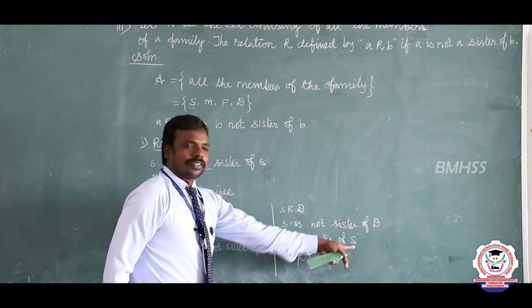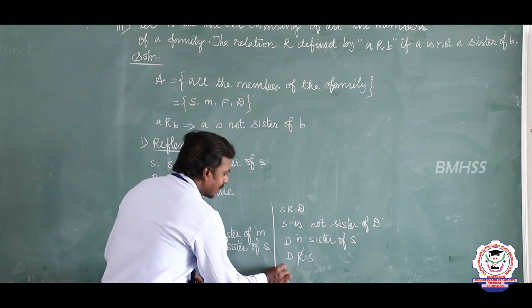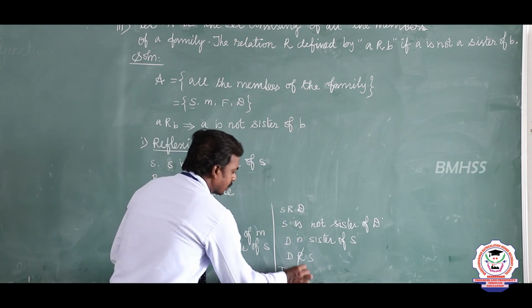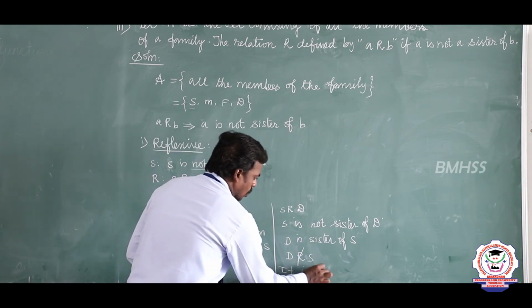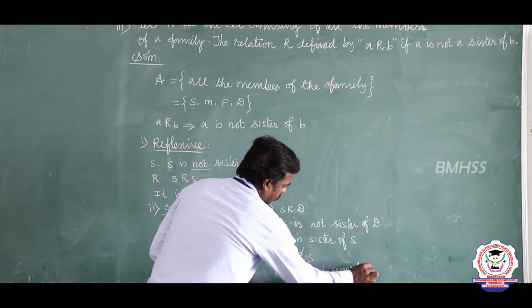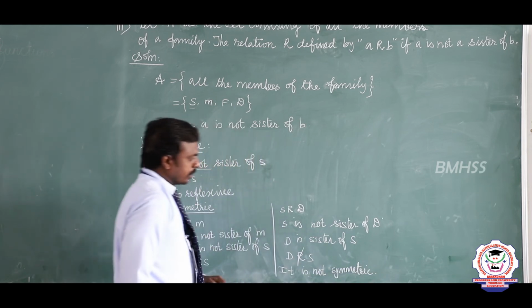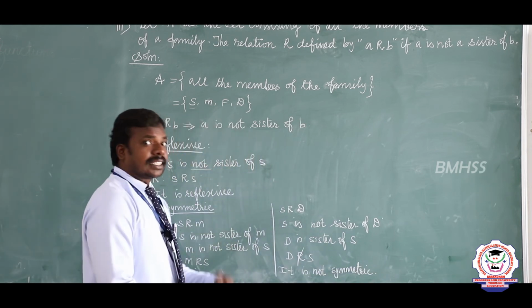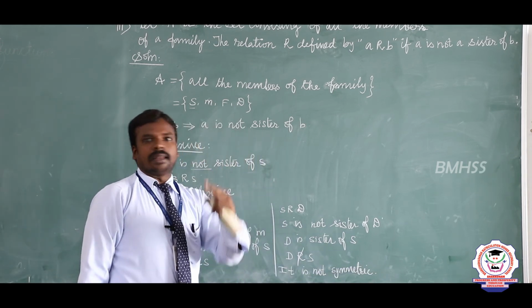Do you understand? The family members. From this, it is not symmetric. Next, the transitive, we need three elements.